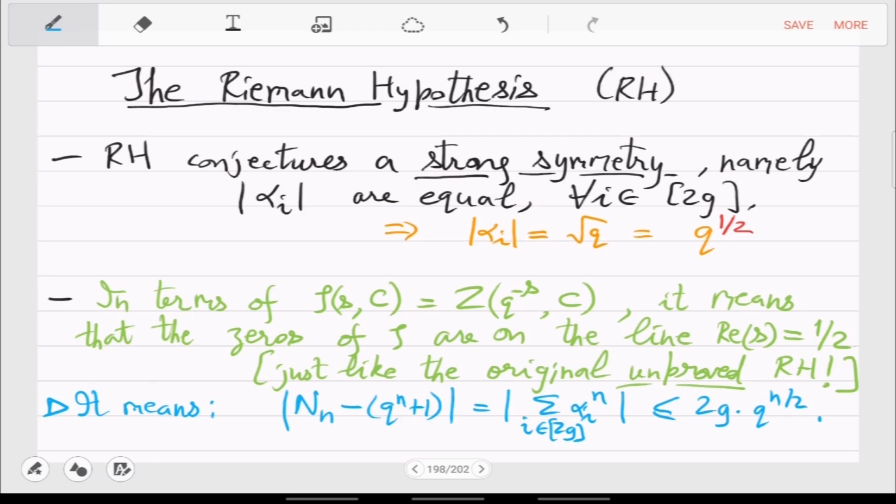It's q raised to s. So you get information: q raised to real s gives you the magnitude.